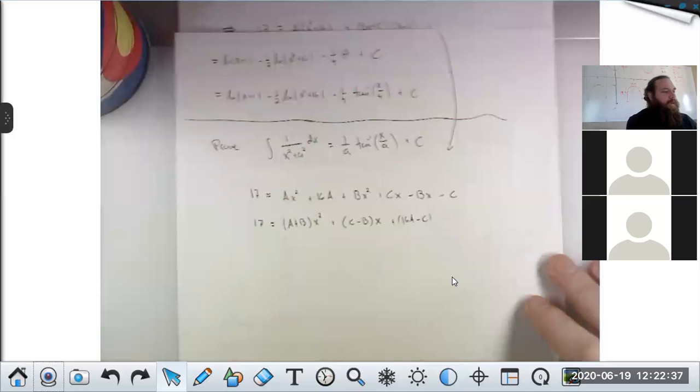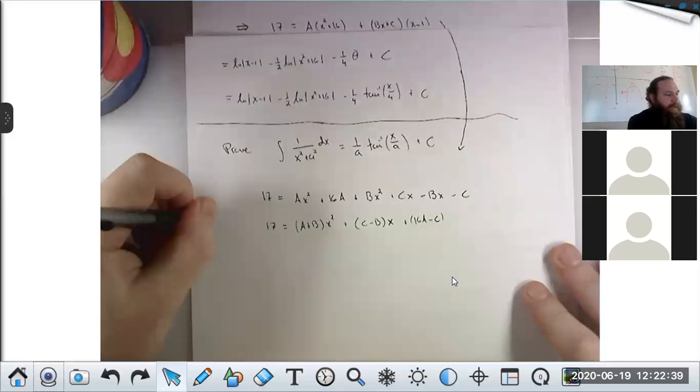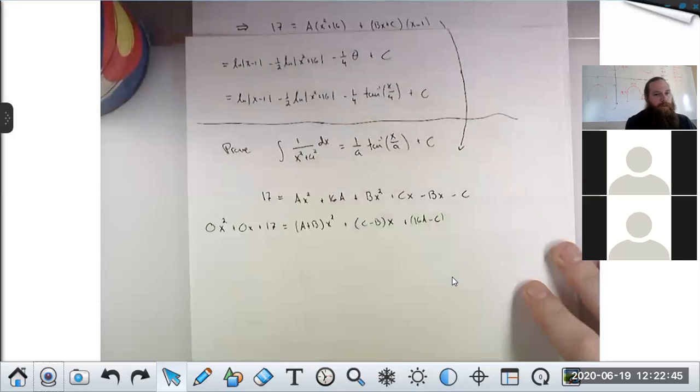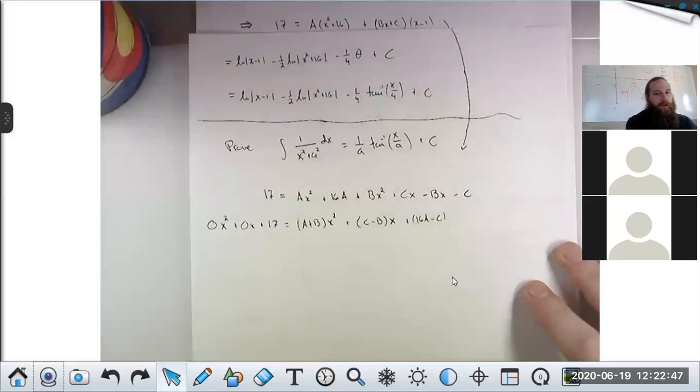And then from here, you interpret the left-hand side as 0x squared plus 0x plus 17. And you set the coefficient of x squared on the left equal to the coefficient of x squared on the right.